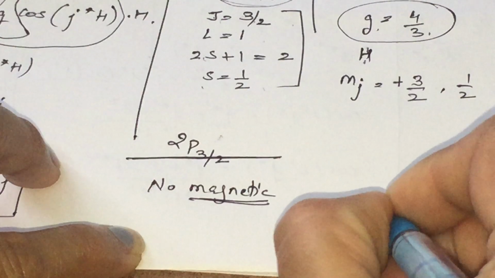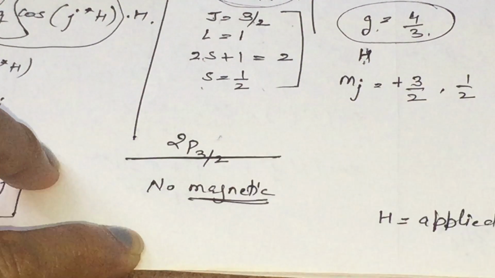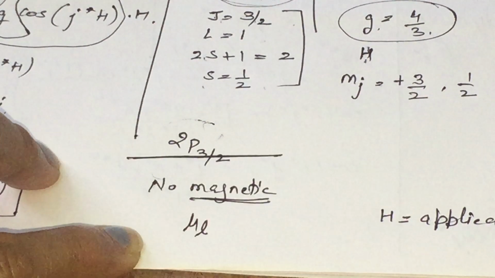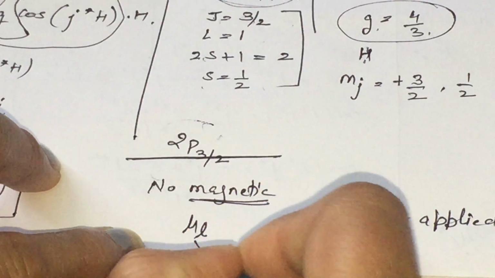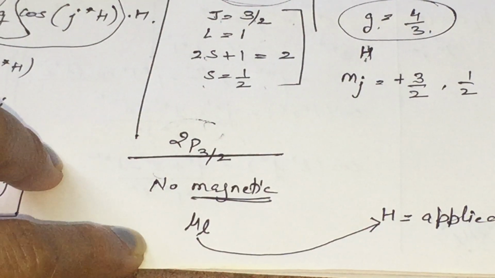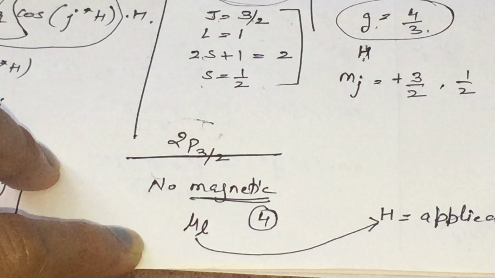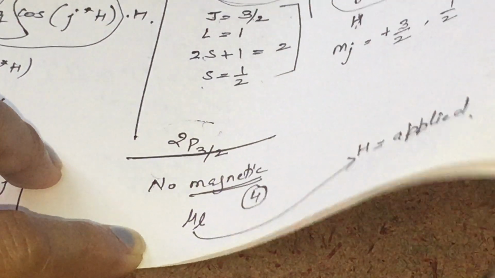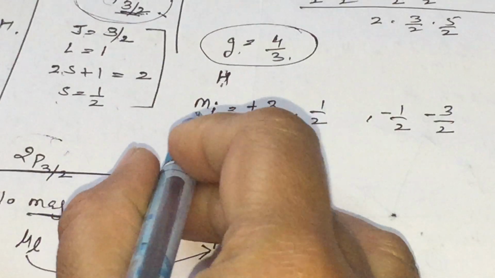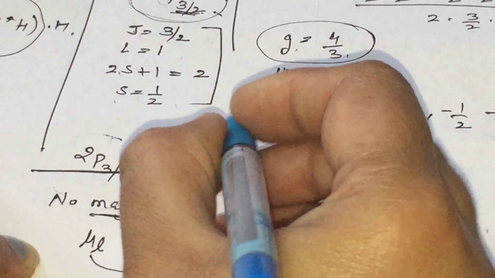As magnetic field H is applied to our atom, our atomic magnetic moment mu L starts to move around the applied magnetic field and moves in four directions, and these directions are given with the help of the value of mJ.